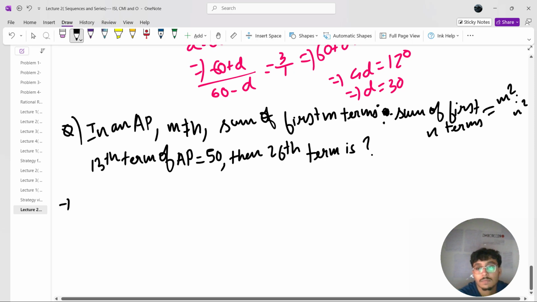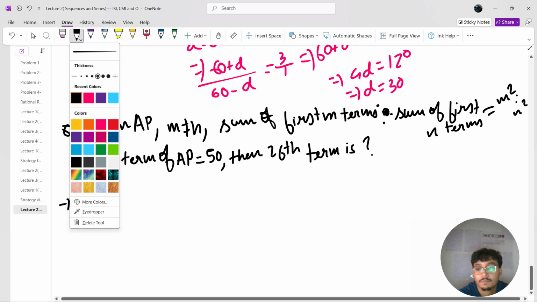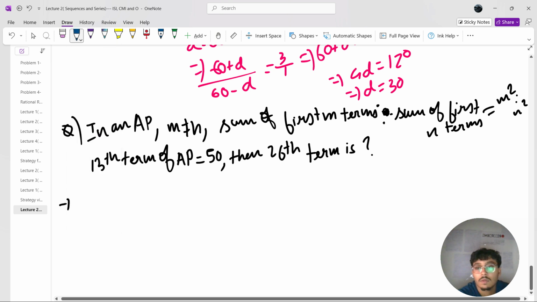Think about it for 2 minutes. So nice question again. So in the AP we are given the sum of first m terms. What would be my sum of first m terms?